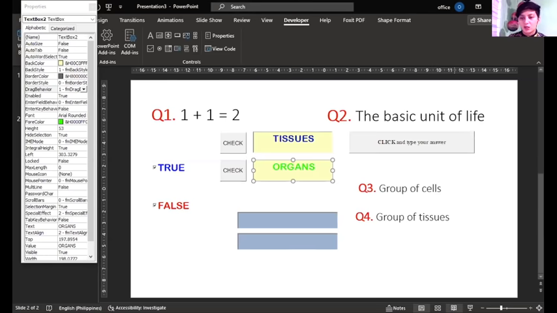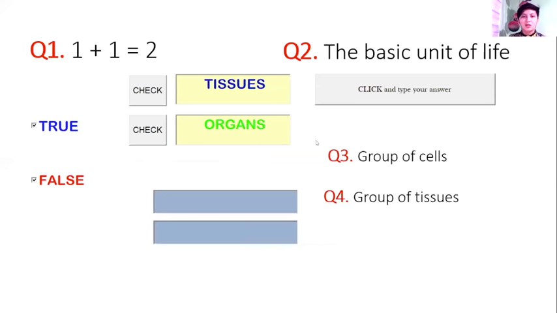So when we present this one, just double click it and then left click and then drag it to the next text box and then drop. There you go.